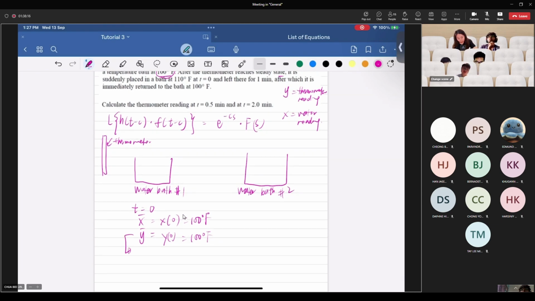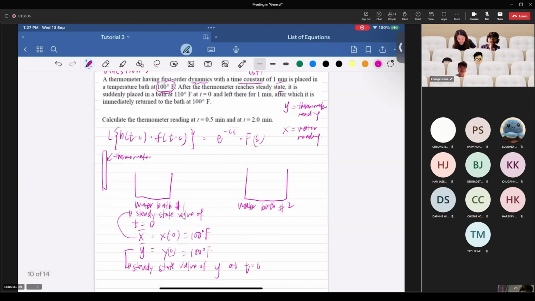So if I put a note there, this is a steady state value of Y at T equals to 0. Same goes to this. This is the steady state value of, or I put initial, water bath at T equals to 0.